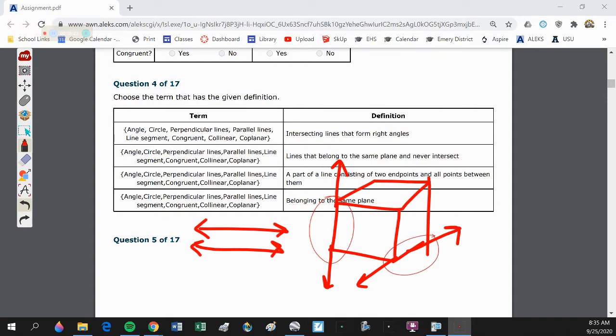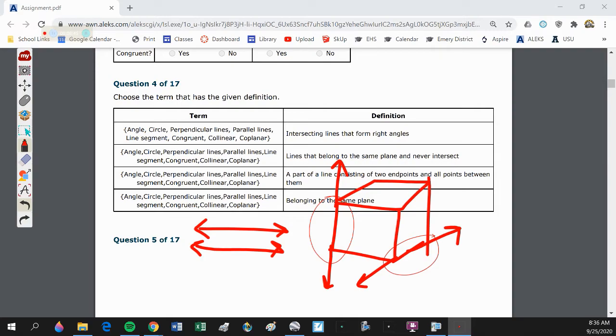It depends on what we define as parallel. So parallel means they're in the same plane and they never touch. So on my speaker, these two lines right here, they belong to the same side and they never touch. They kind of stay the same distance apart. Those are parallel. Okay?